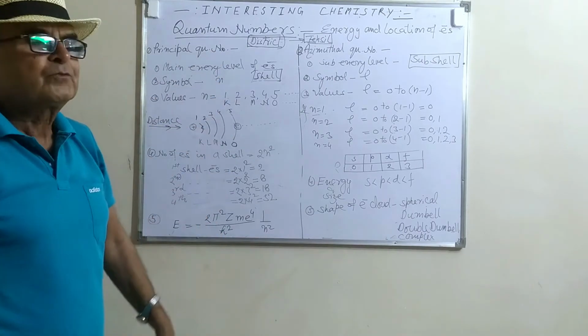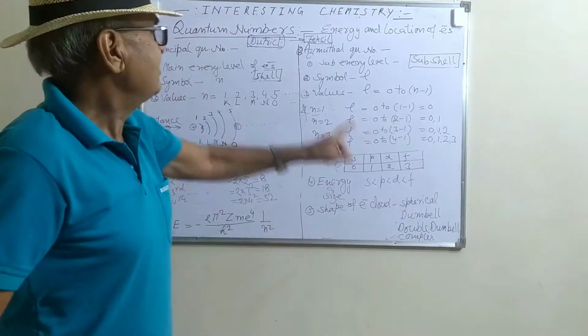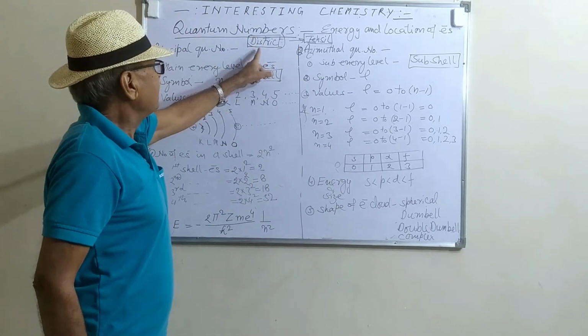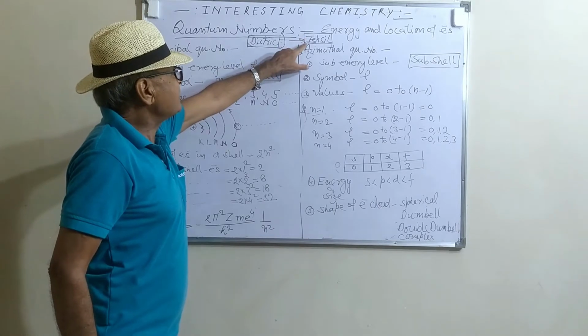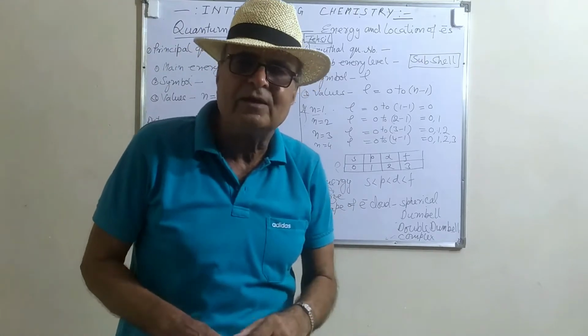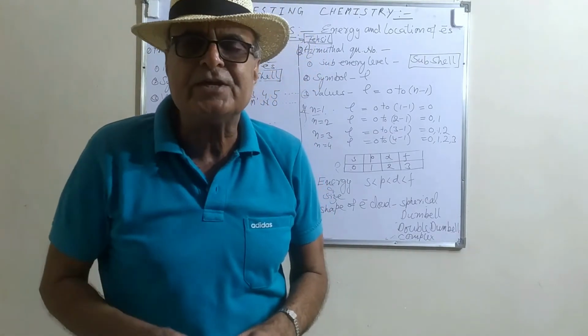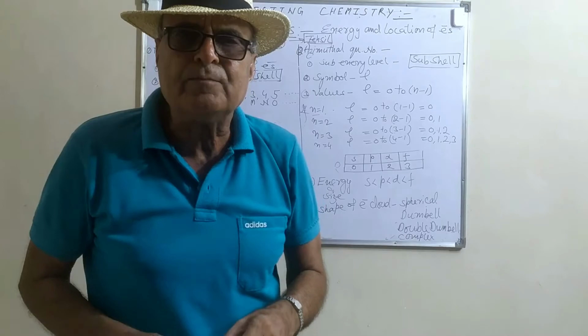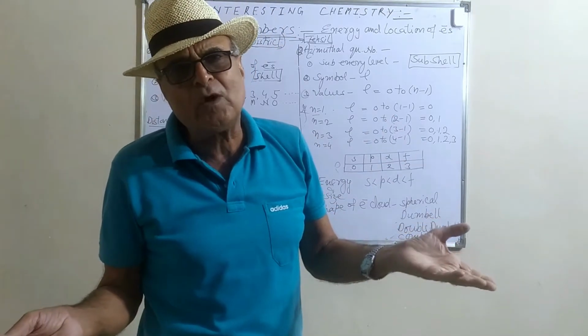Now I am telling you about the Tehsil within the district, because there is no existence of a Tehsil without a district. In the same way, there is no existence of the second quantum number without the principal quantum number.